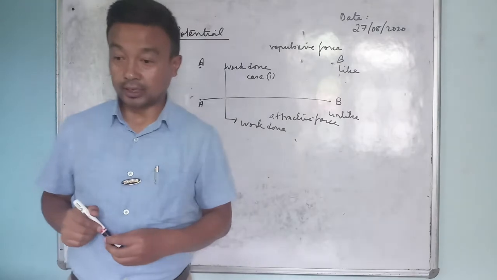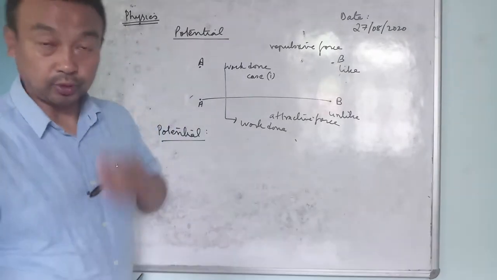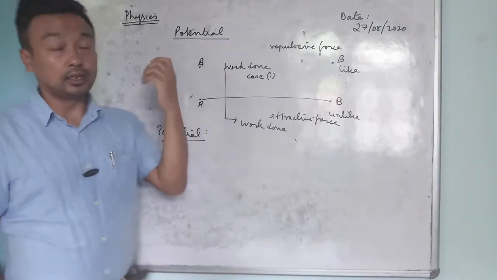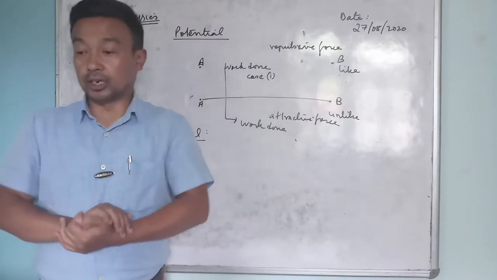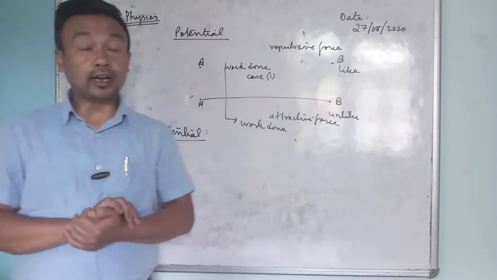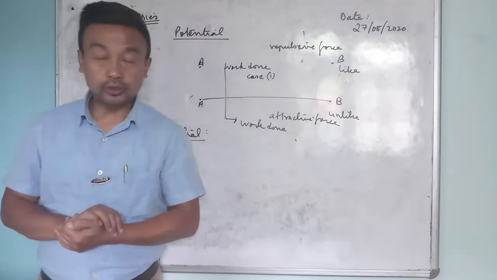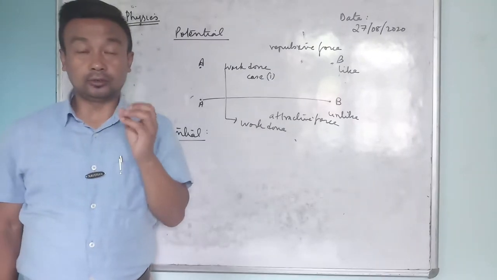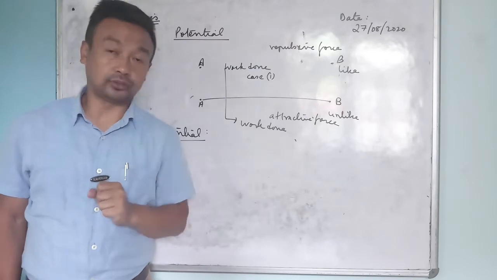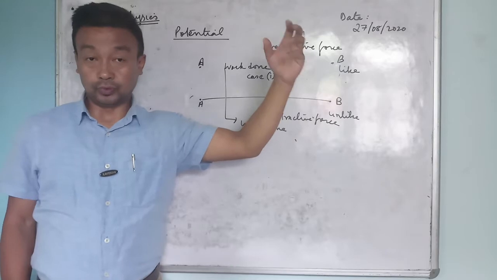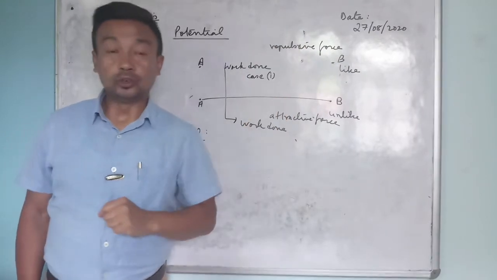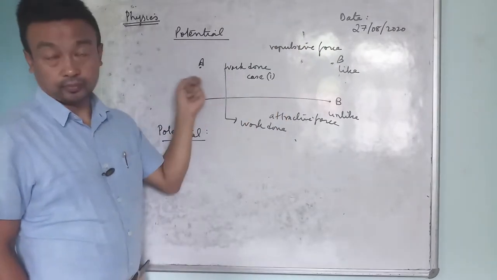Potential at a point is defined as the work done per unit charge. Keep that in mind. It's defined as the work done per unit charge in bringing a positive test charge from infinity to that point.